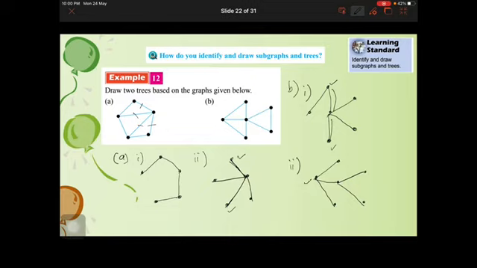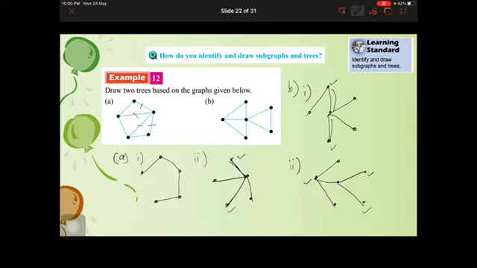From this vertex to this vertex there is only one way, from this vertex to this vertex also one way. So all vertices can be reached in one way only. So these are the trees that we can get from the given diagram. You may get some other answer. It's okay as long as it follows the rule.